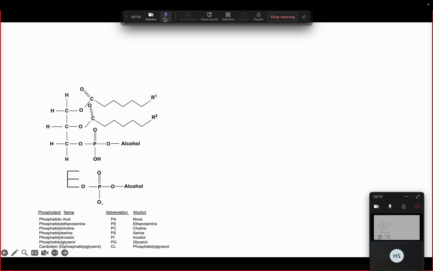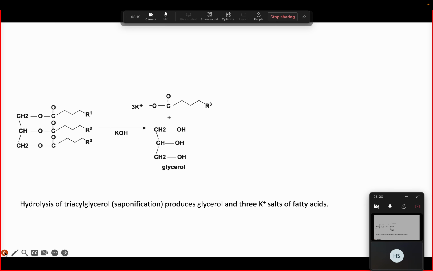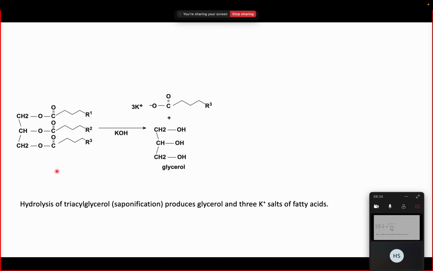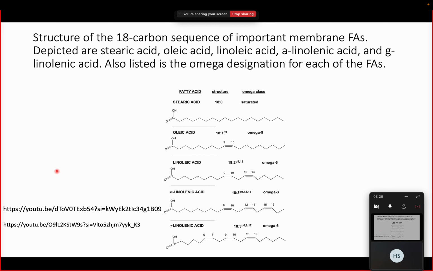Okay, so we will start our today's class. If you remember, in the last class we basically talked about different types of lipids which are present in the membrane, right?